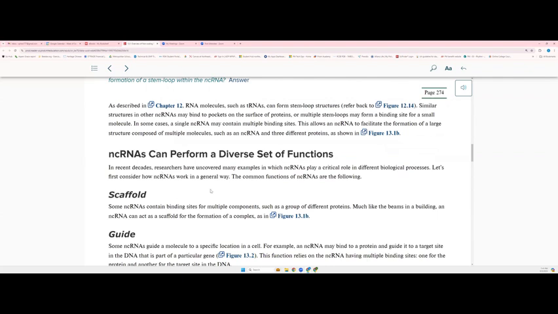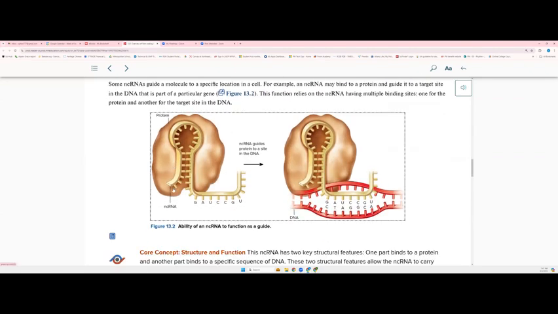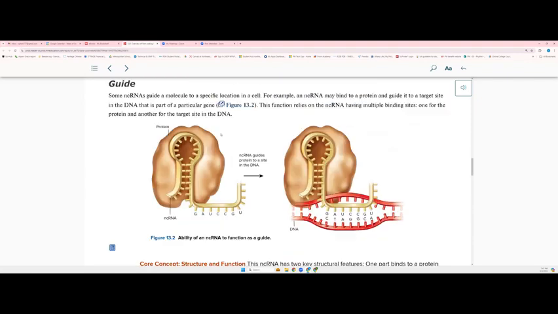The first type of function is called scaffold. What does scaffold mean? It means this type of non-coding RNA contains binding sites for multiple components, such as a group of different proteins. Much like the beams in a building, a non-coding RNA can act as a scaffold for formation of a complex.